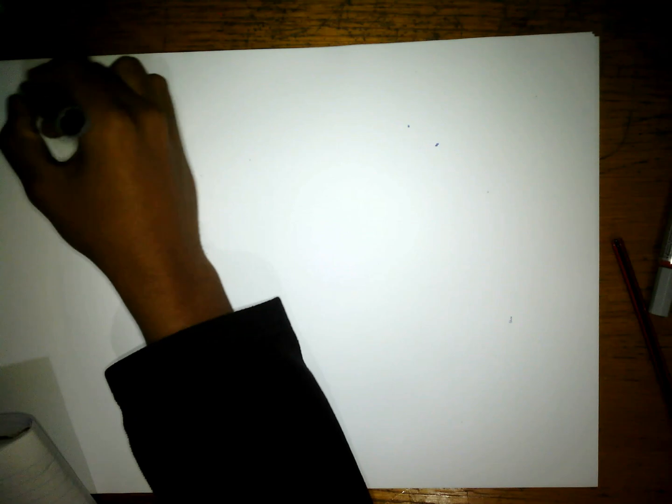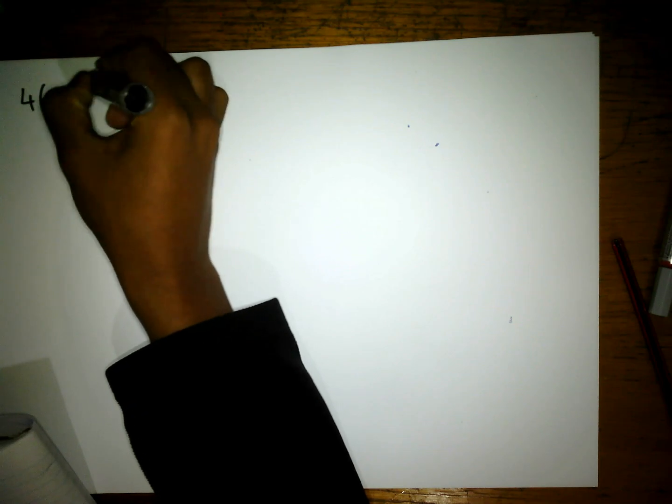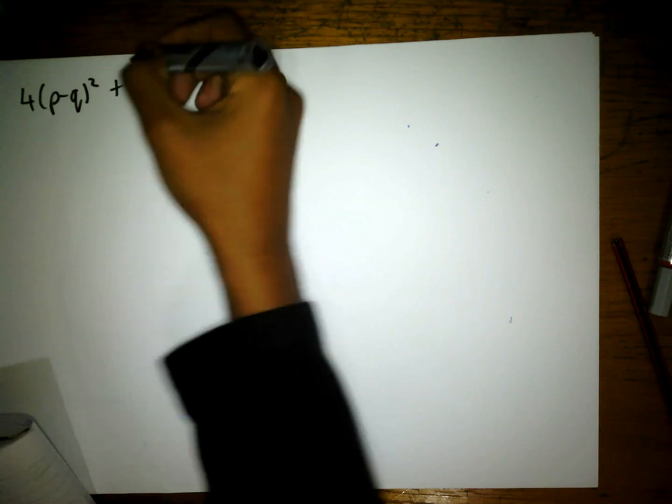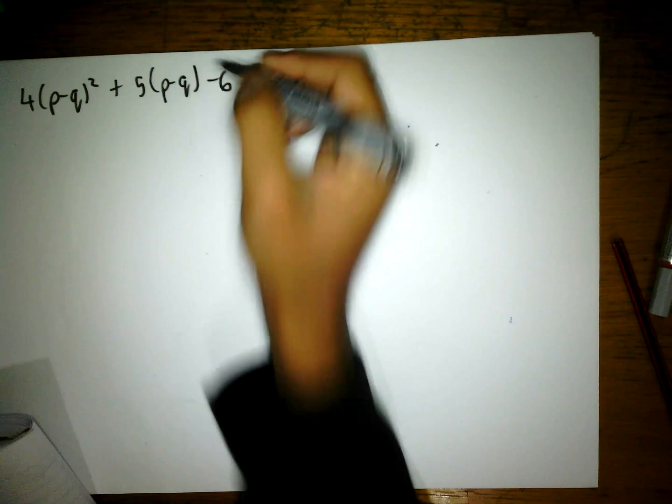So, the next one. To factorize 4p minus q squared plus 5p minus q minus 6.